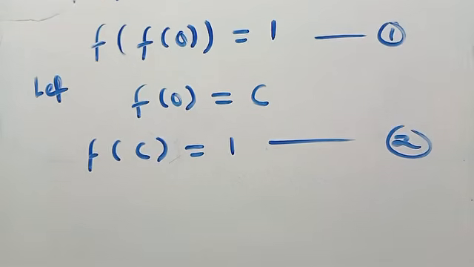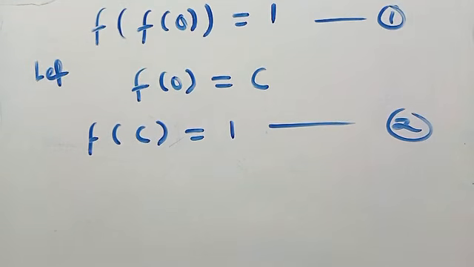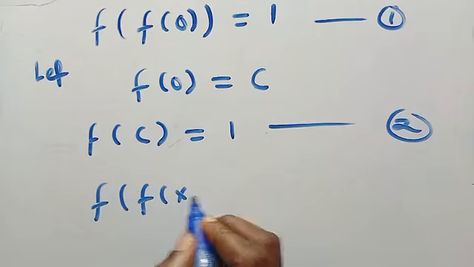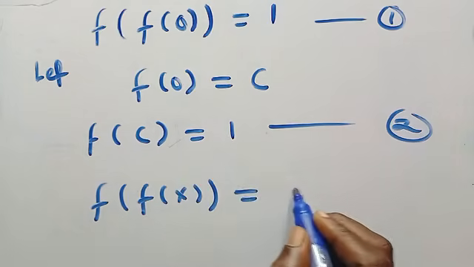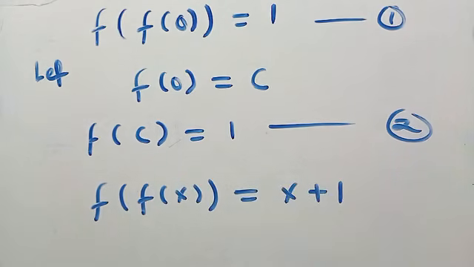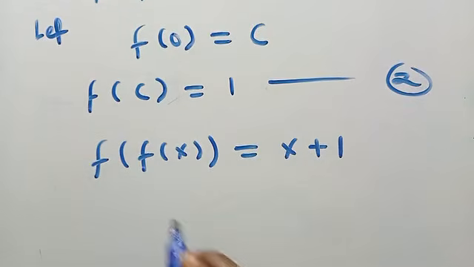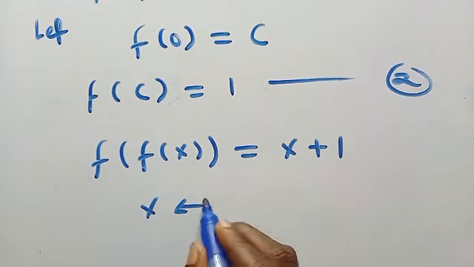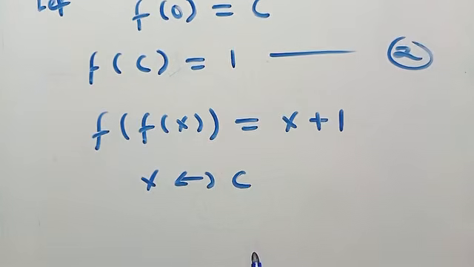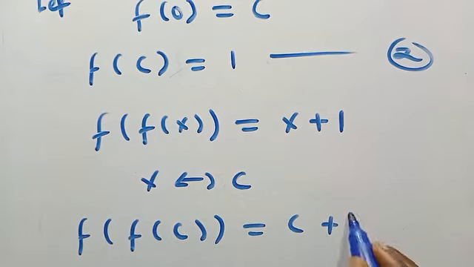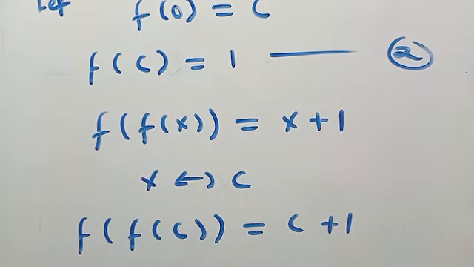Upon getting this, let's recall the first given equation, f of x equals x plus 1. Now I want to replace x with c. By changing x to c as a constant, we have f of c equals c plus 1, the input and the output.